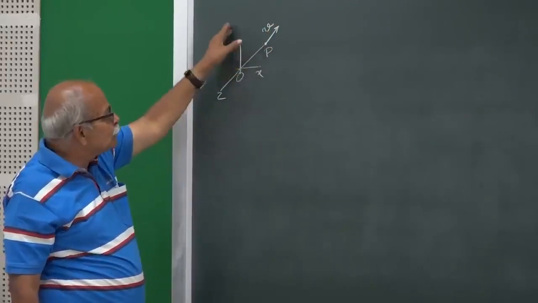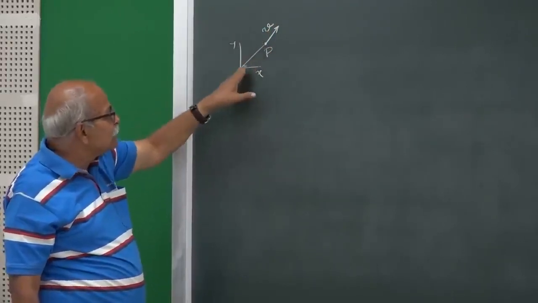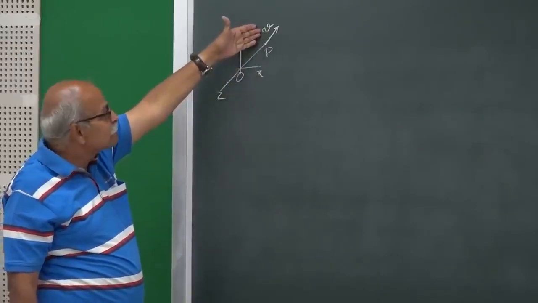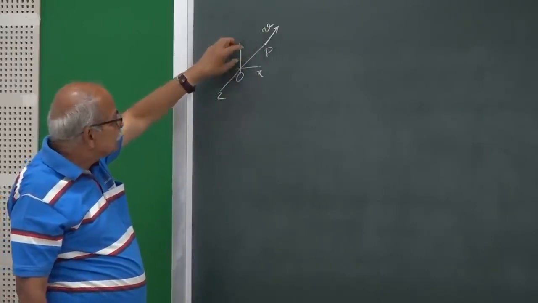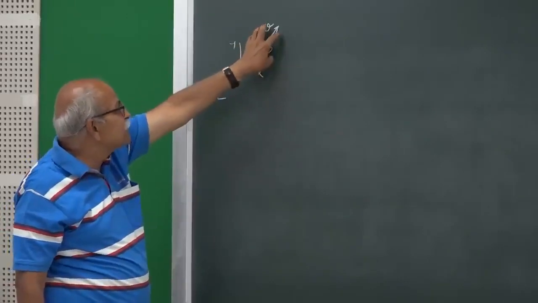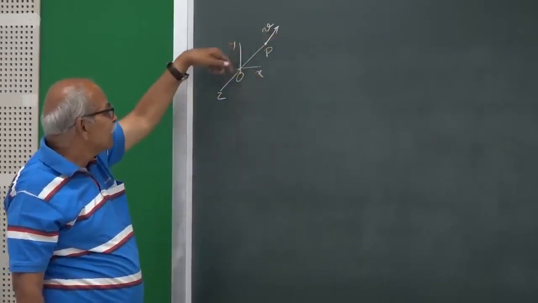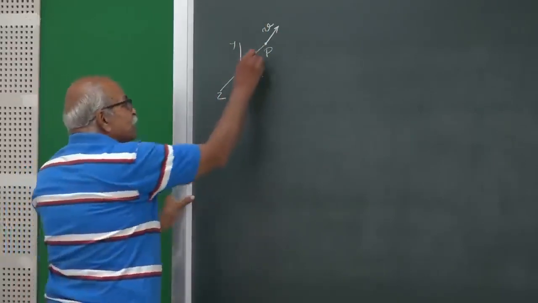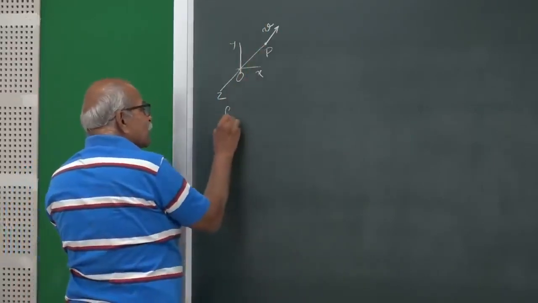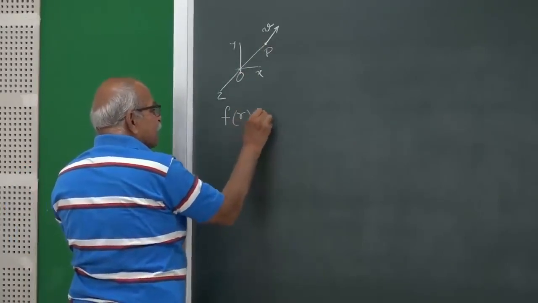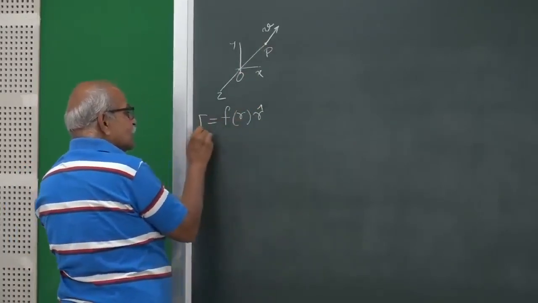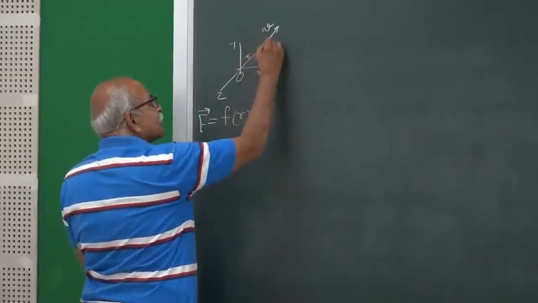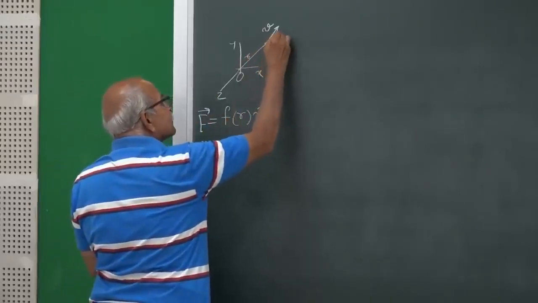So, you choose your x y axis in the plane of this OP and this V, so that at least initially the particle is moving in this plane, and then the z axis is perpendicular. And if the resultant force on this particle is F = f(r) r cap, r is this distance and r cap is unit vector in this direction.